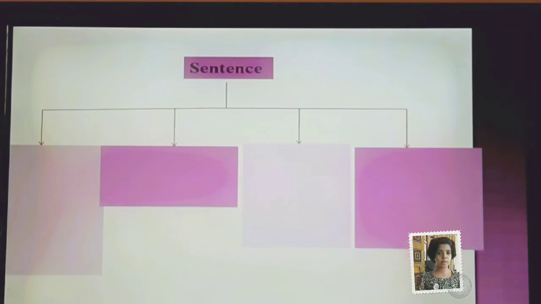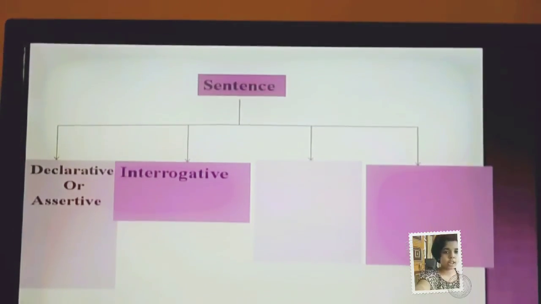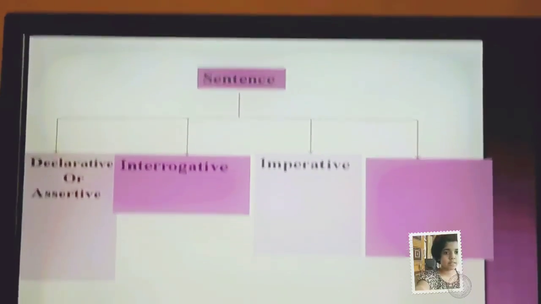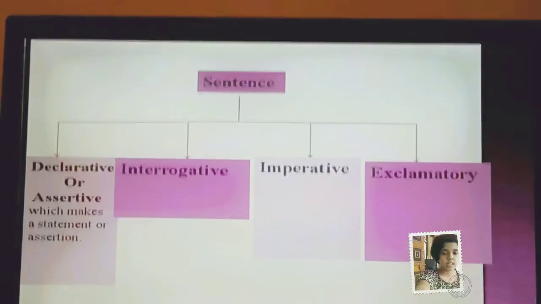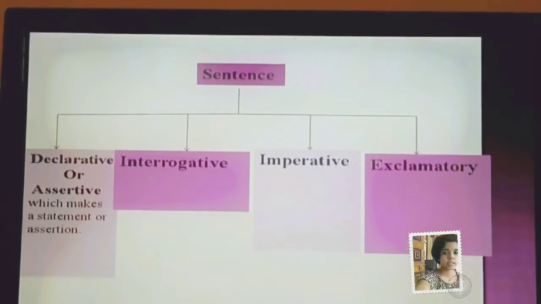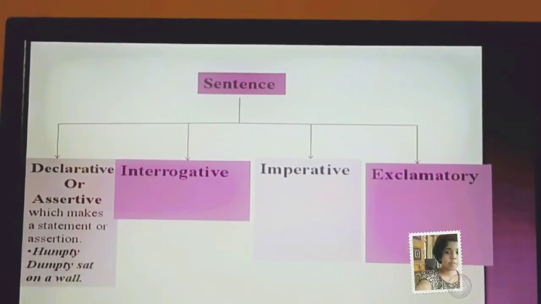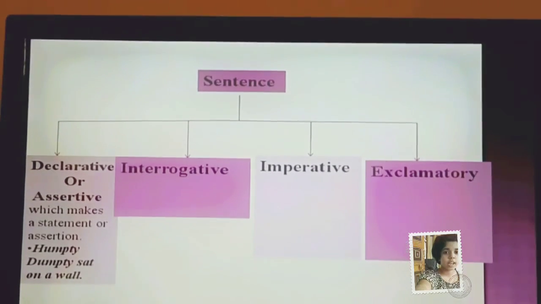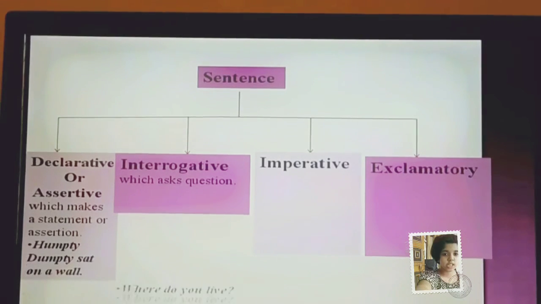There are four types of sentences: assertive or declarative, interrogative, imperative, and exclamatory. An assertive sentence is one which makes a statement or assertion. Example: Humpty Dumpty sat on a wall. An interrogative sentence is one which asks a question.